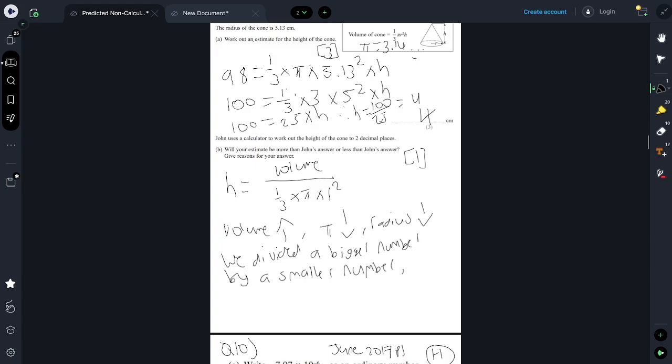Because the volume increased, 98 to 100, and pi went down to 3, radius went down to 5. So the denominator is smaller and the volume is bigger. So the overall fraction, the overall division, is going to be bigger than obviously the true answer, John's answer.